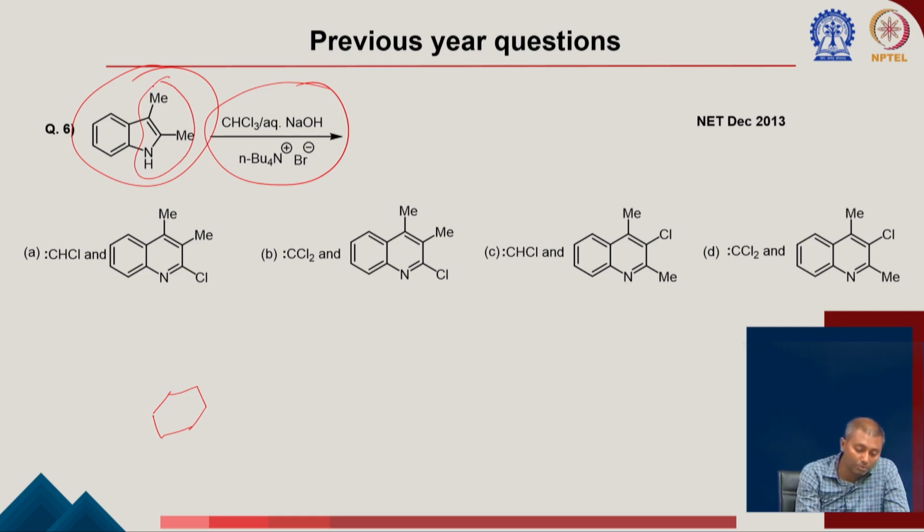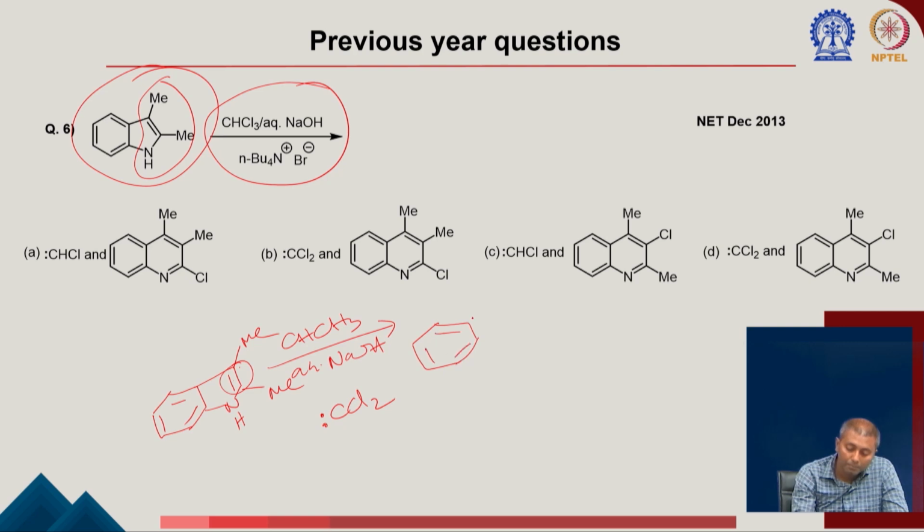So, that means this double bond can get electron density in indole. So, now if you treat with CHCl3 and aqueous NaOH, this can generate the corresponding CCl2 carbene, and that CCl2 carbene will form a cyclopropane with this electron rich double bond.